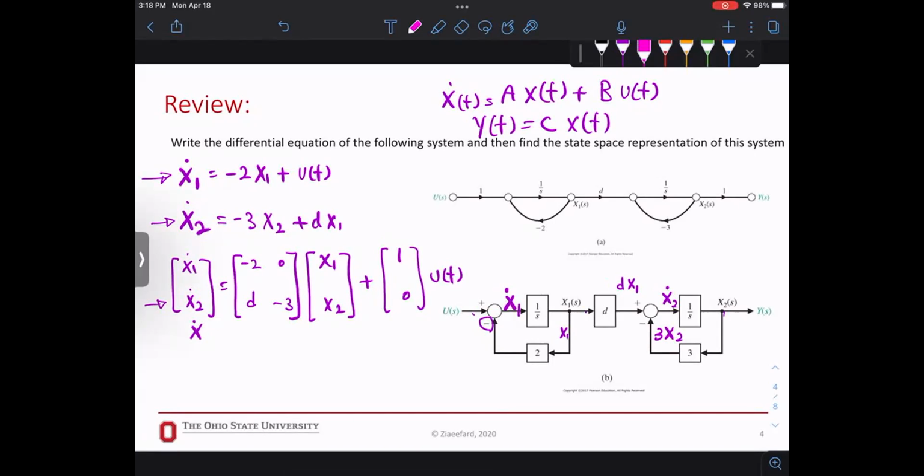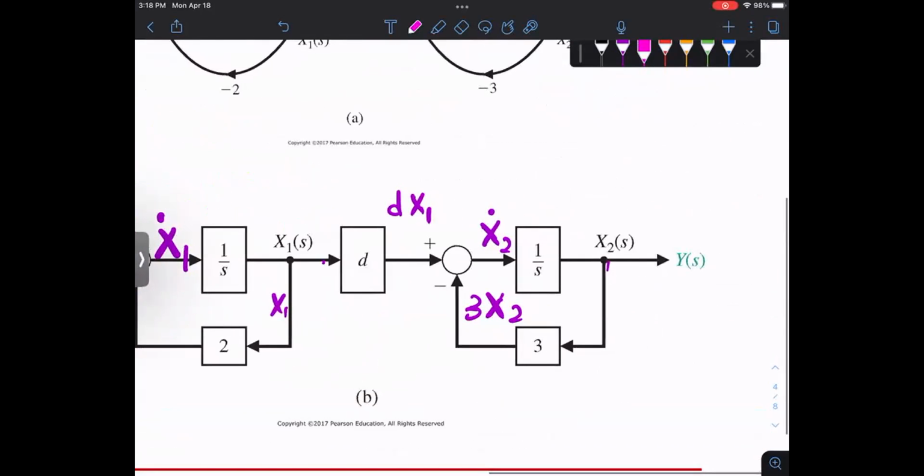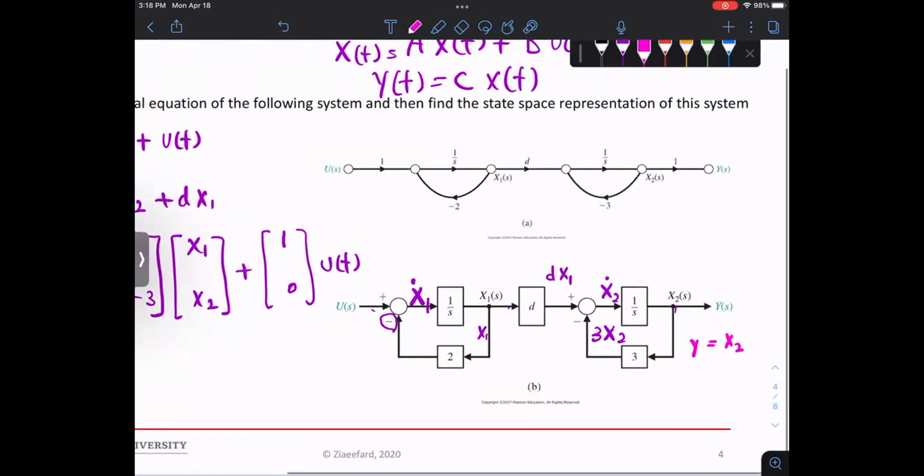For state space representation, if you are asked about representation, you need to also write the output equation, right? Now, if we look at this system, here your y is equal to x2. Right? There is no line going from x1 to it. So this just means that y was chosen to be x2.